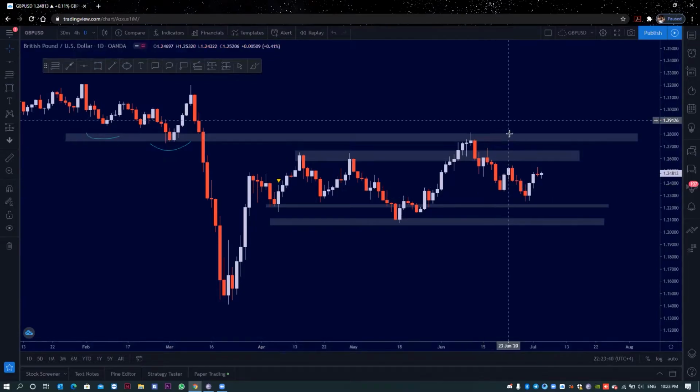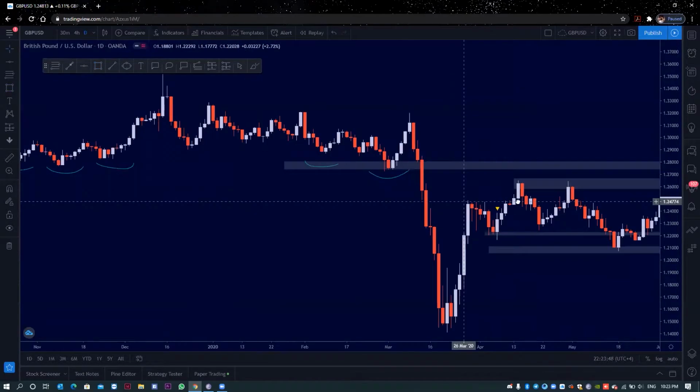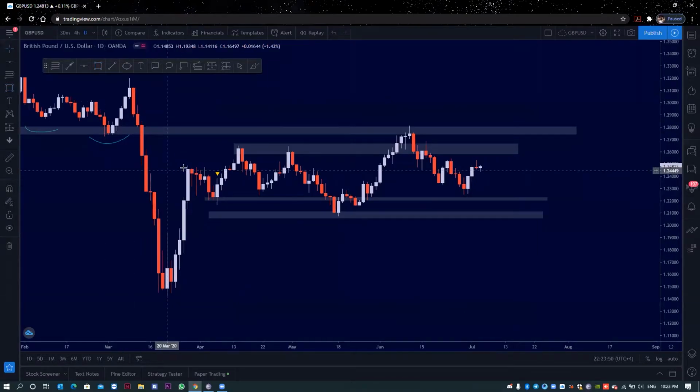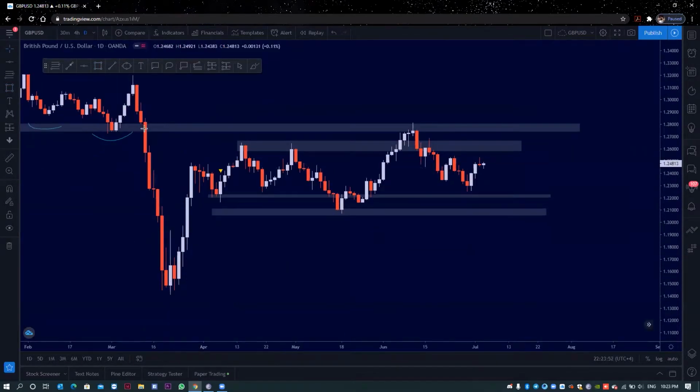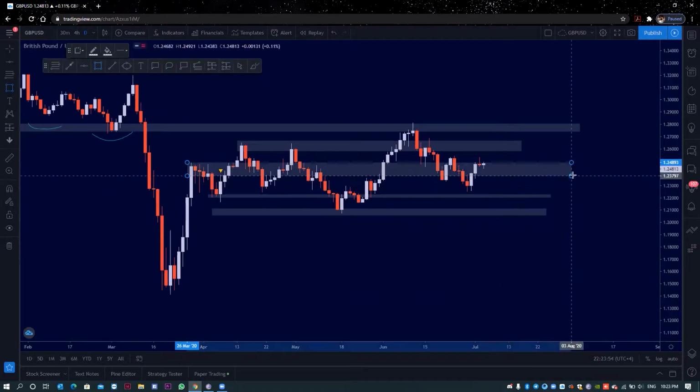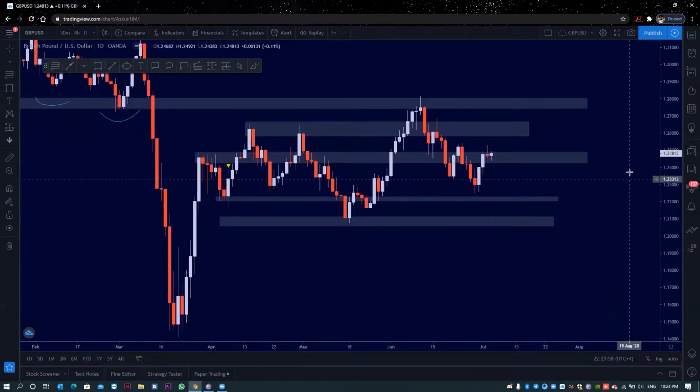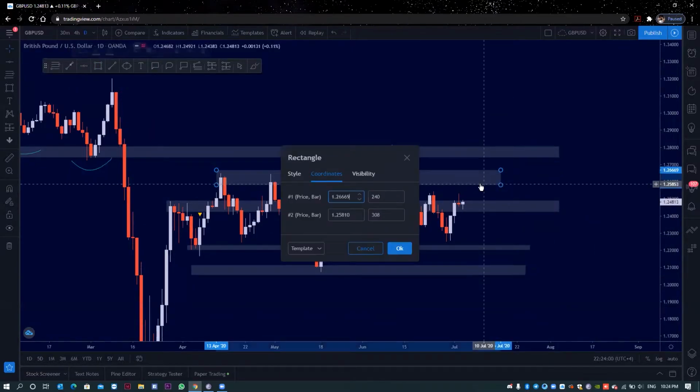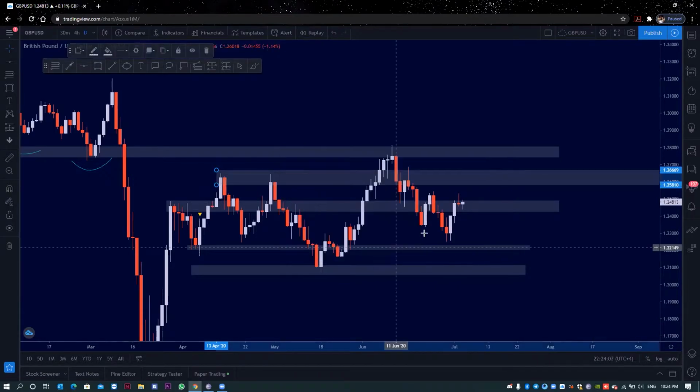Now you take the daily support and resistance. One more is there, 1, 2, 3, 4. I have lots of touches there, so I will also count this one. Right now I count 3 resistances and those supports.